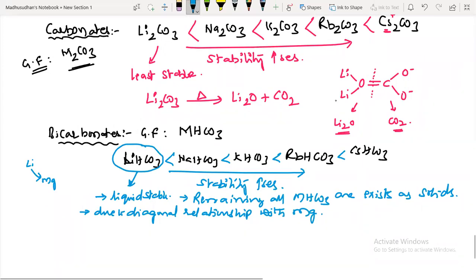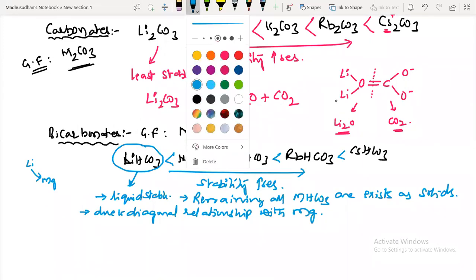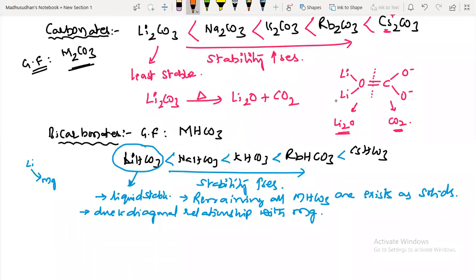Now, how they decompose on heating: 2 moles of metal bicarbonate I am taking. On heating, they form first metal carbonates, then carbon dioxide and water. These are the byproducts.